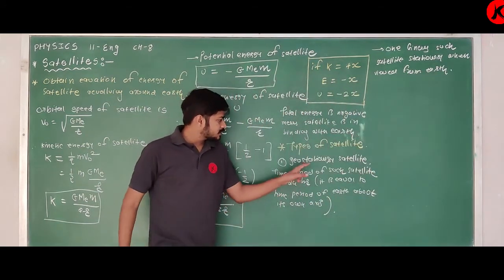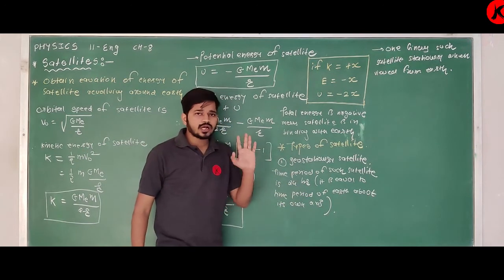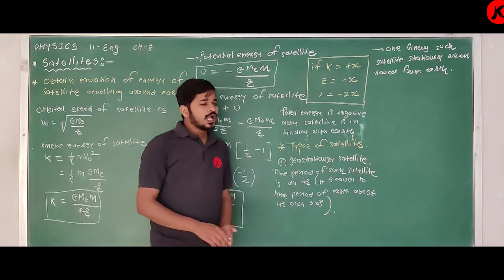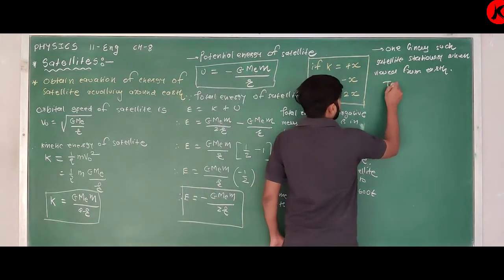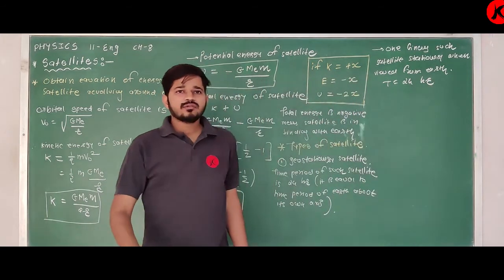For a geostationary satellite, the time period is 24 hours. So for such a satellite, you have to take T equal to 24 hours. Now we have obtained one equation of time period.